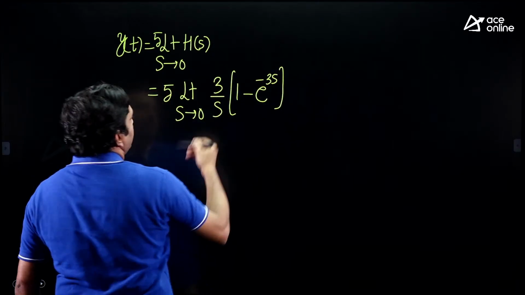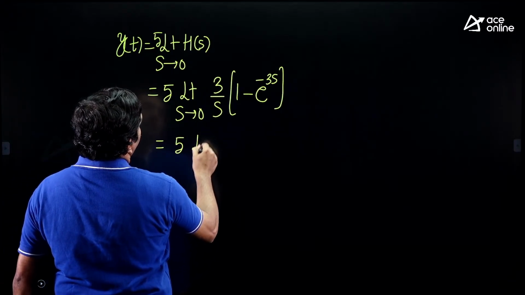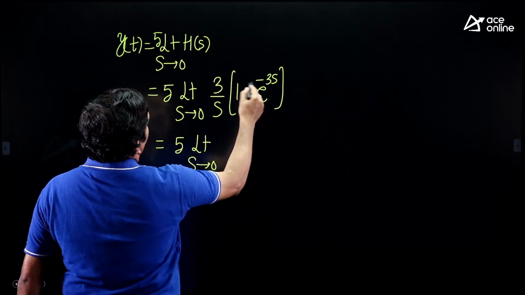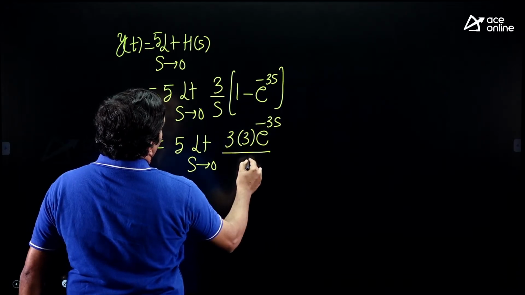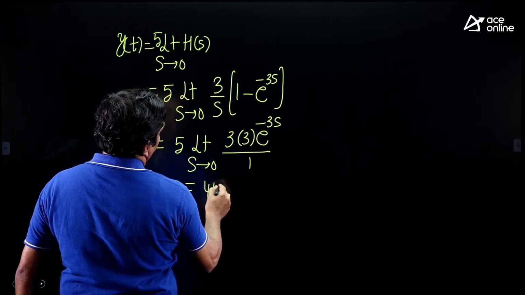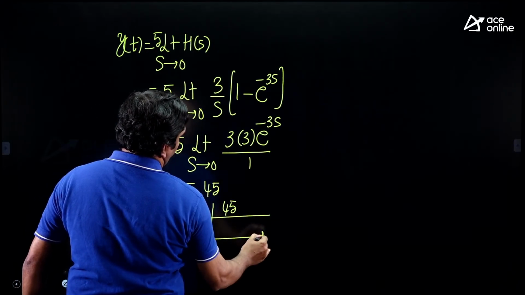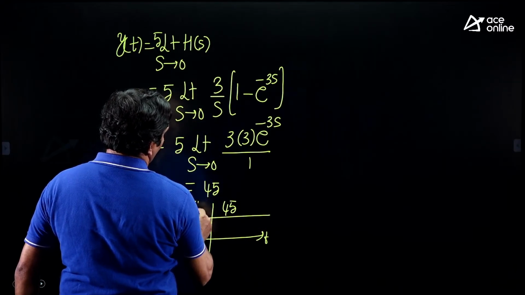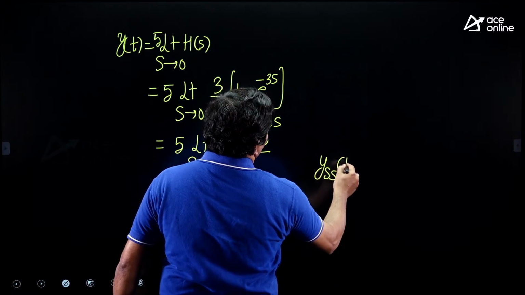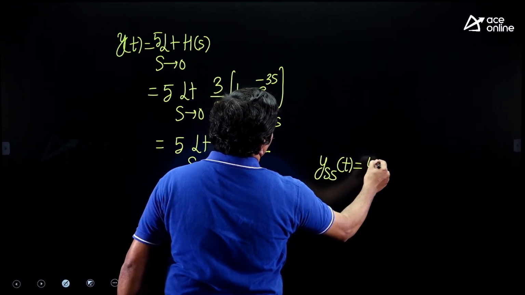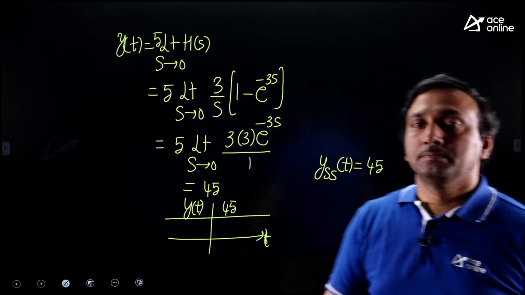Directly try to substitute s as 0. 0 by 0. Immediately what will we do? L'Hospital. So numerator term, denominator term, that becomes 45. So the steady state value of output is 45.